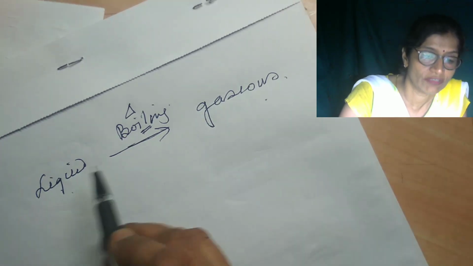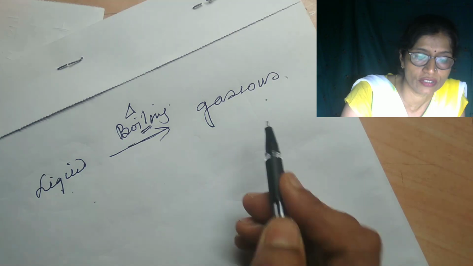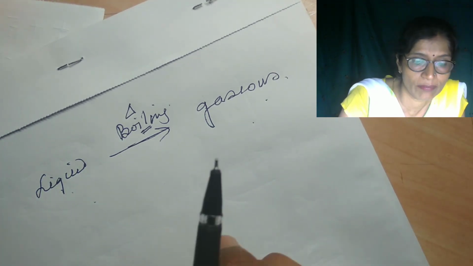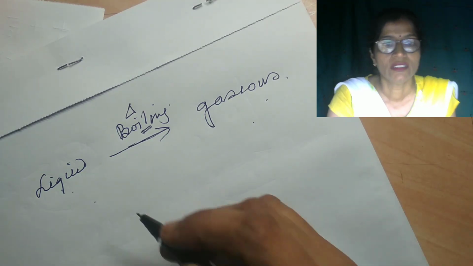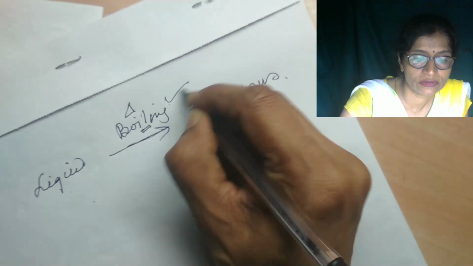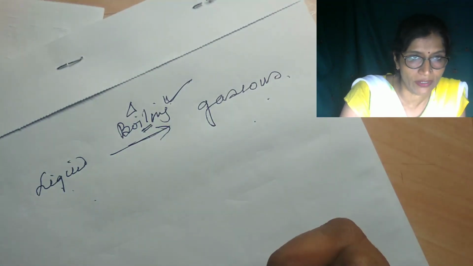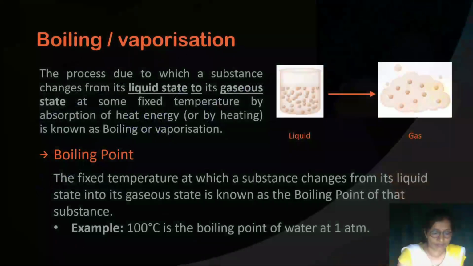And the fixed temperature at which the substance changes from liquid state to gaseous state is known as the boiling point. Now this boiling process we can explain with the help of kinetic molecular theory.